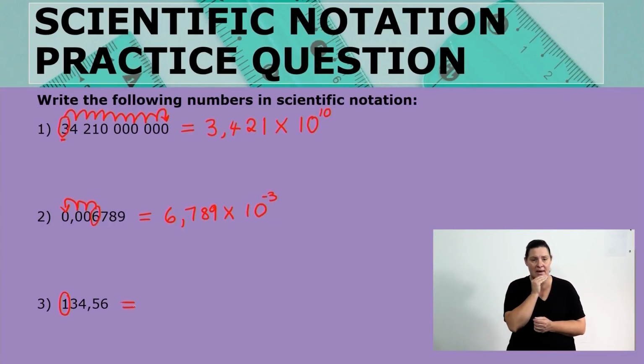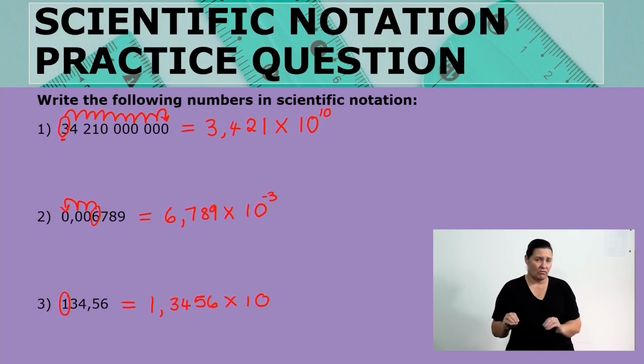So this means that we are going to have 1.3456. And we are going to multiply that by 10. Then we are going to check which direction we are moving that 100 to get to the ones position. So that is 1, 2. We have moved it 2 times to the right. Right means positive. So that is a positive 2.